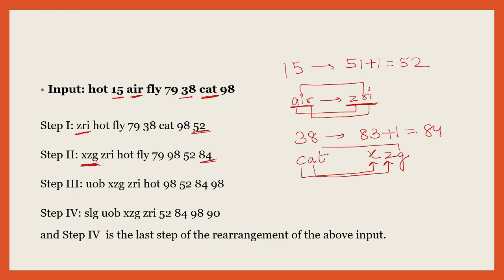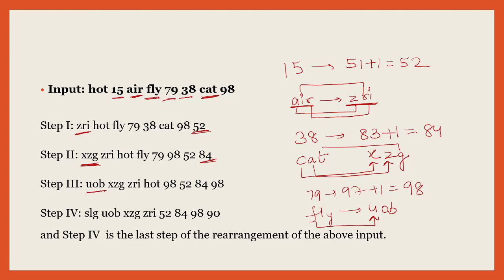Then the next higher number is 79. 79 written in reverse order becomes 97, plus 1 is 98, which we can see at the right hand side, and we have UOB that has come in the place of fly. So again, the opposite letter for F is U, for L it is O, for Y it is B. We can see UOB coming in.